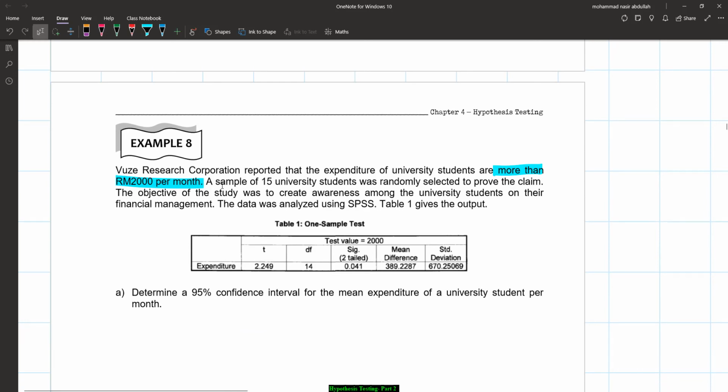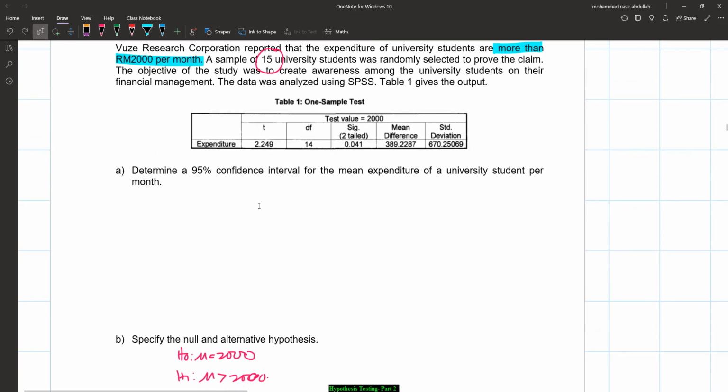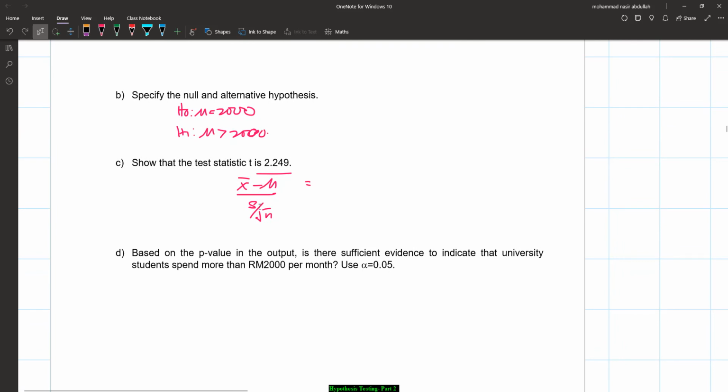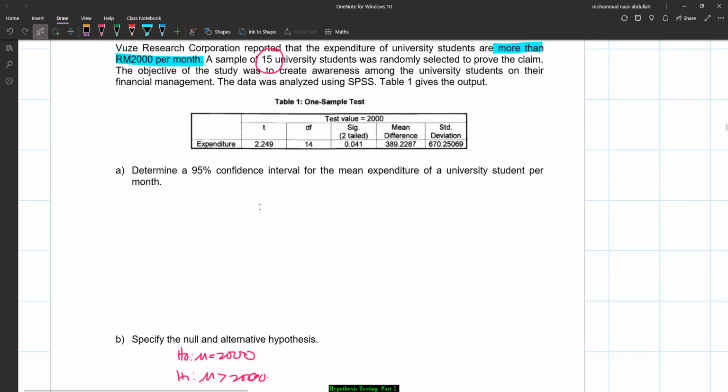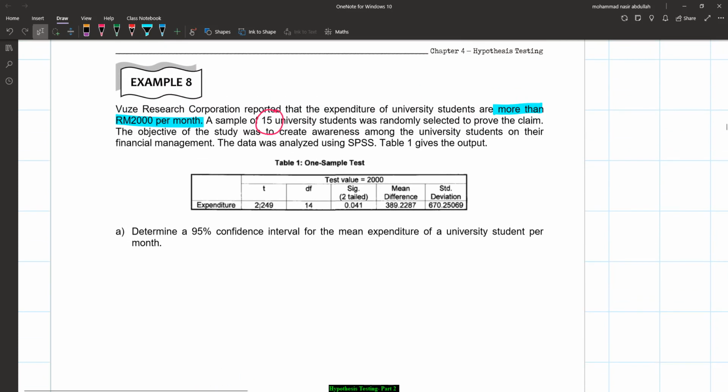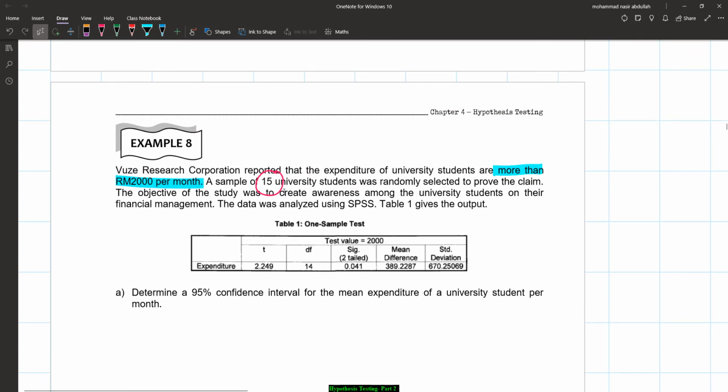Oh, it doesn't give it. Sample of 15, randomly selected. It cannot be like this. They should give us another table. They have to give both tables.